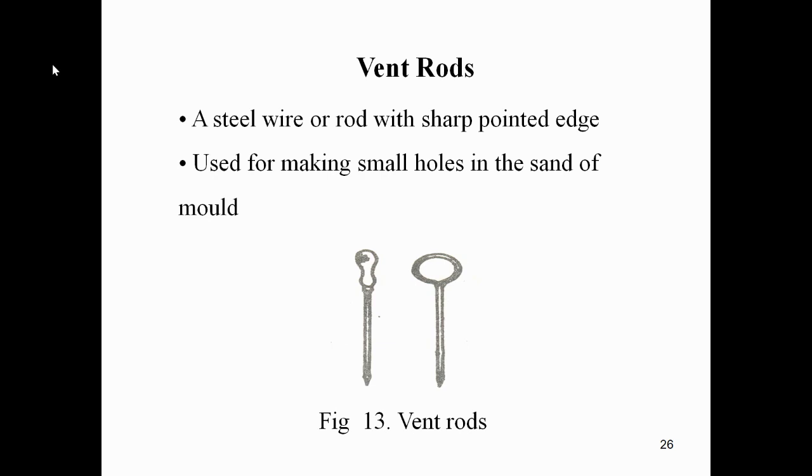To dissipate the hot gases from the molding sand, we definitely require small holes, and those small holes are made by the vent rod. Molten metal is poured into the mold cavity.